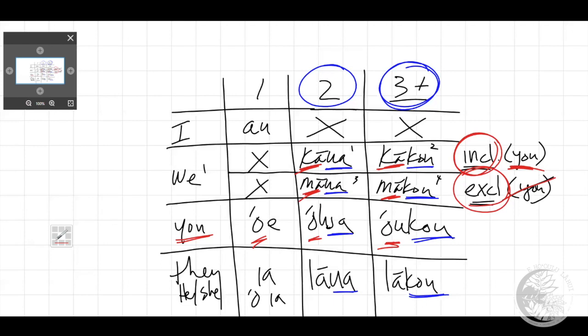So all the yous, 1 you, oi, 2 you, olua, 3 or more of you, oko, start with the sound o. And likewise, anytime we talk about they, it all starts with the sound la: laua, lako.